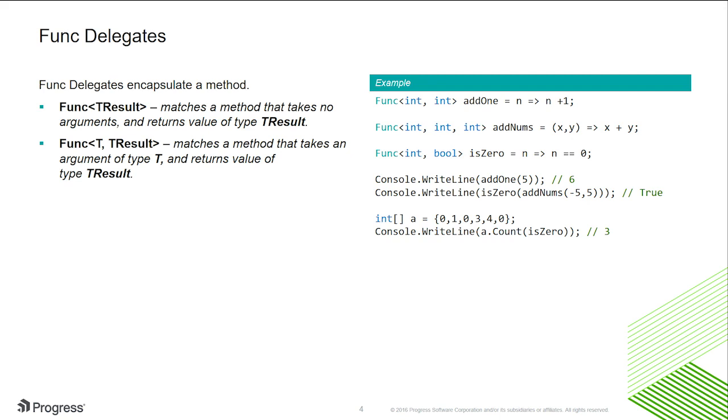Is it 0? We can actually write count is 0 there and pass in the func delegate instead. So if we had something very complex like a blog post where it needs to be posted on a certain date and time, we can name that function is blog post published, something like that.